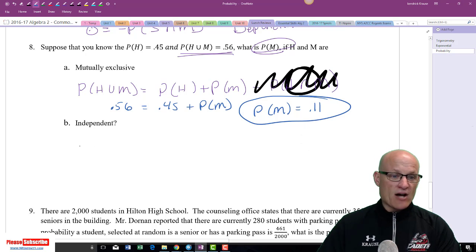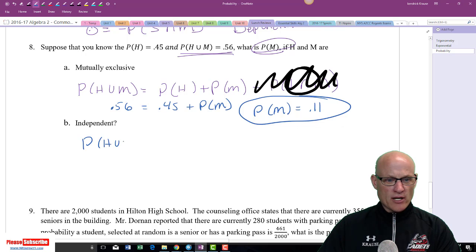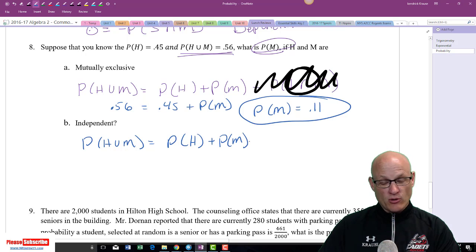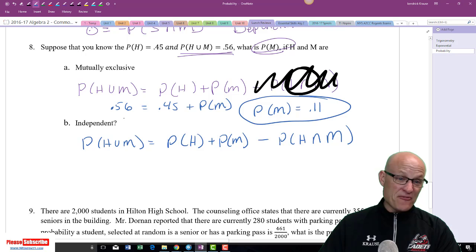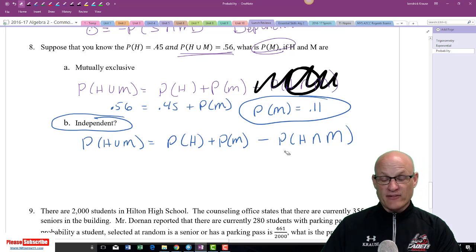Okay. Now, this one's a much, much more difficult question. I'm going to use that same formula. The probability of H or M is equal to the probability of H, which we know, plus the probability of M, which we're looking for, minus the probability of H and M. However, if they are independent, then what is the probability of H and M?